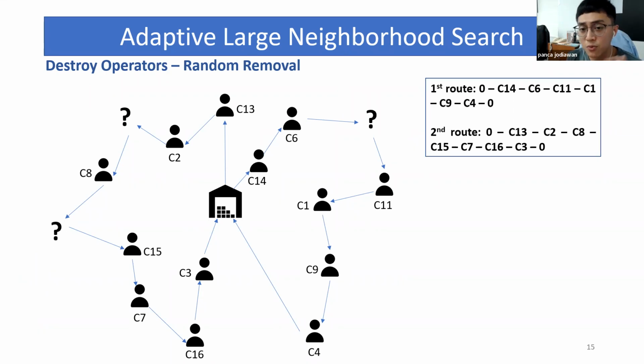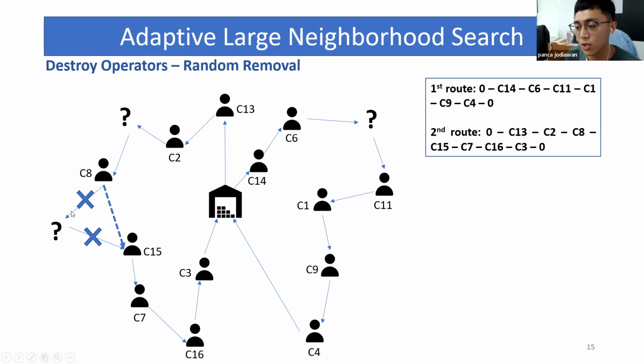After you remove those 3 customers, you will see that the routes become shorter for sure. Then what will happen with the question marks? You delete the links, and then you simply connect the customer before and the customer after the node.